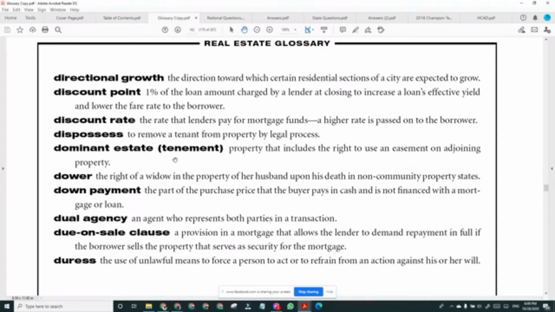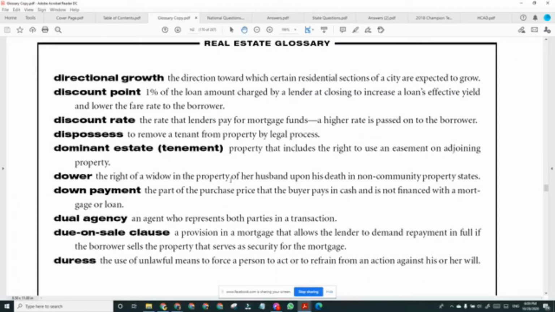Dominant estate, tenement, property that includes the right to use an easement on adjoining property. Okay, so the dominant estate is the person that doesn't own the easement. They're using the easement that belongs to somebody else.